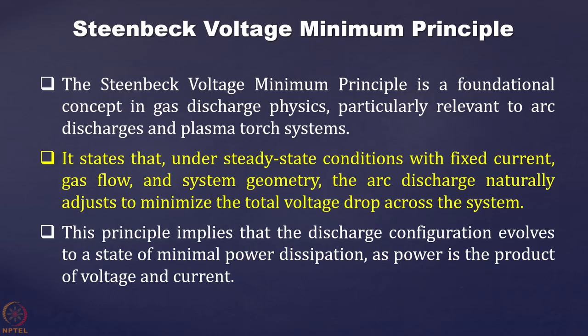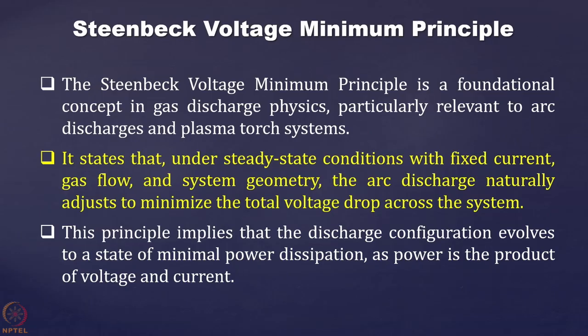The principle says that under steady state conditions with fixed current, gas flow and system geometry, the arc discharge naturally adjusts to minimize the total voltage drop across the system. And this implies that the discharge configuration evolves to a state of minimal power dissipation, as power is the product of voltage and current. So it is giving you the minimum voltage configuration, so minimum power.